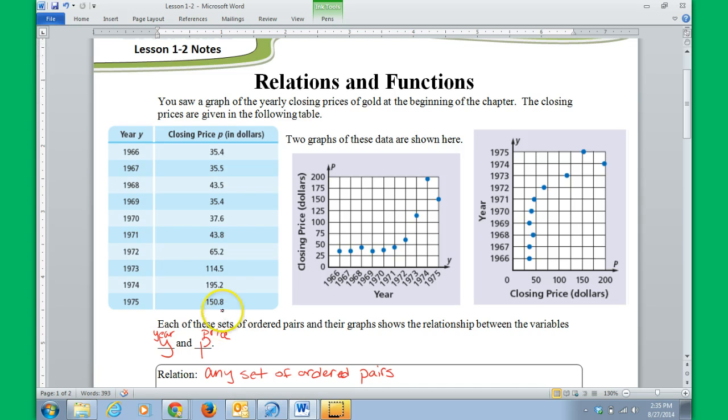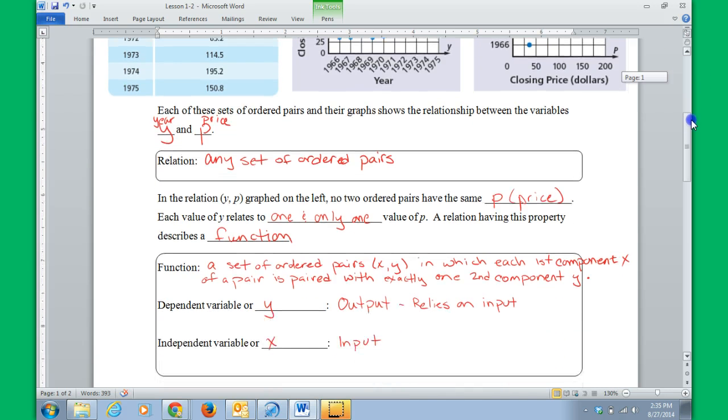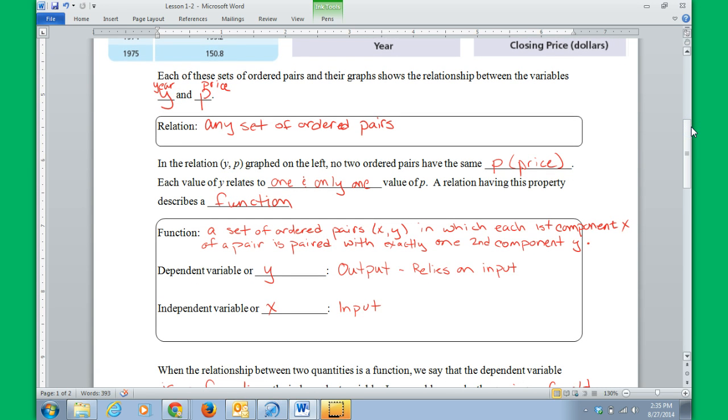Okay, so moving on down, we want to look at what a relation is. A relation is any set of ordered pairs. In the relation YP, graphed on the left, no two ordered pairs have the same price.